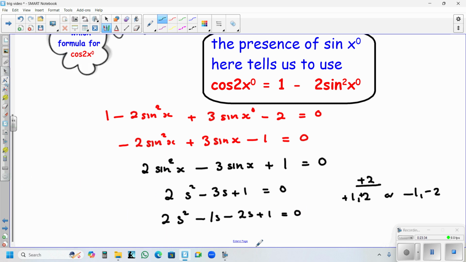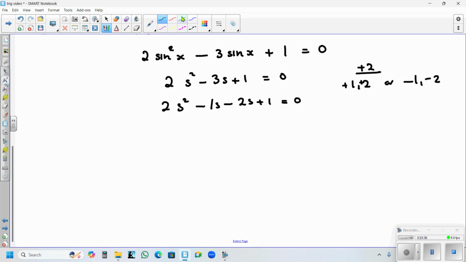So we're going to split that right down the middle. I'm going to take out the highest common factor, which is s. So I've got s bracket 2s minus 1. And I know I've got to have 2s minus 1 here. Now, because that's negative 2s, I'm going to pull out negative 1, and just check that that's okay.